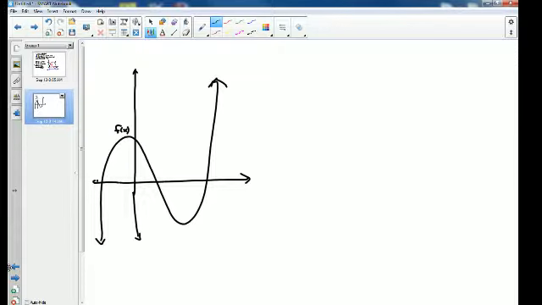If somebody wants to draw it on the board, take a volunteer. It is kind of weird at first. Anybody disagree? Okay. That's the first derivative. What about the second?